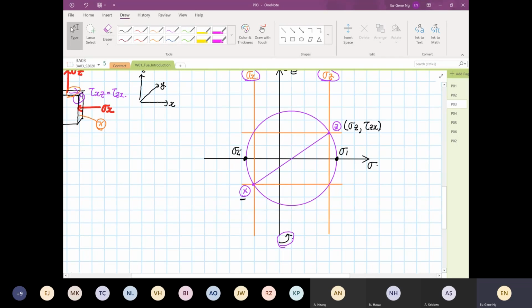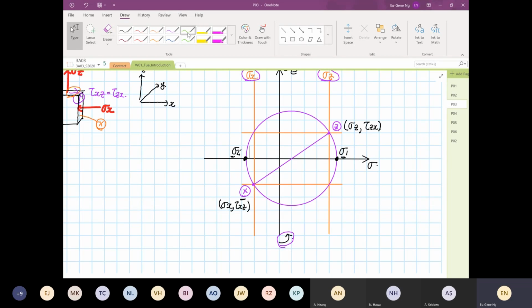The other one, point X, is controlled by your stress in the X direction and your shear XZ. So these 2 points control the position of stress 1 and stress 2.